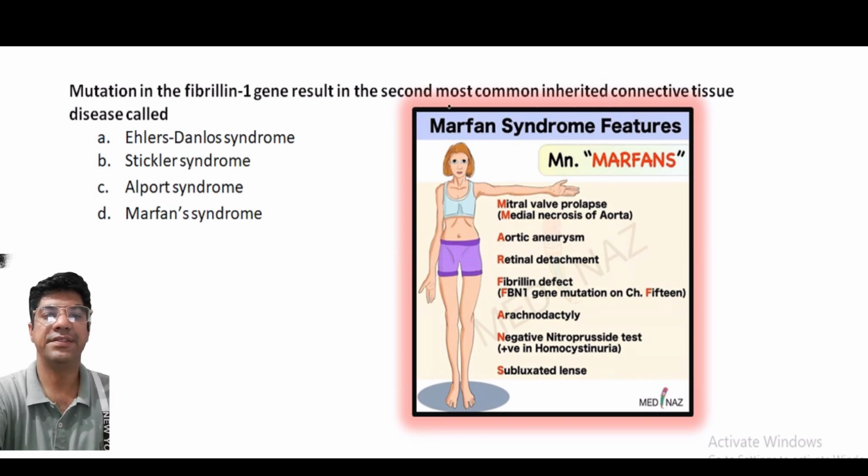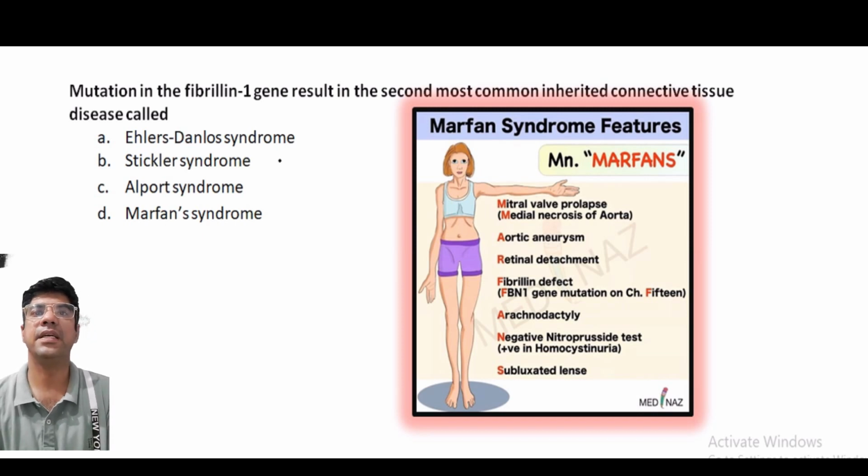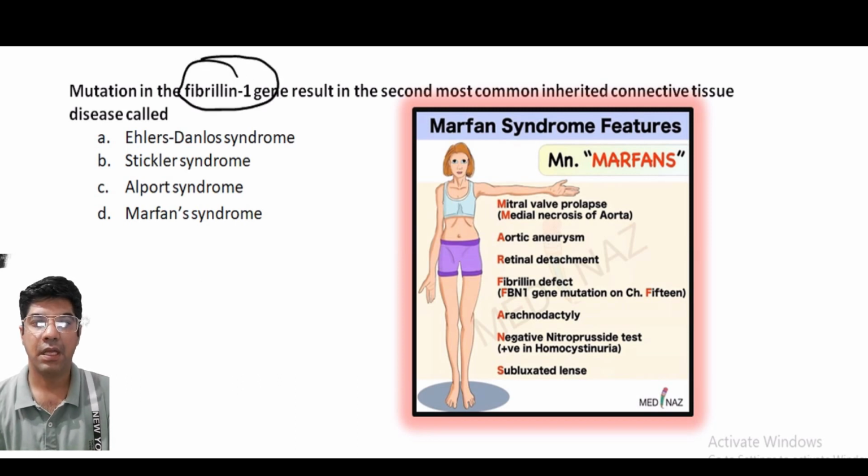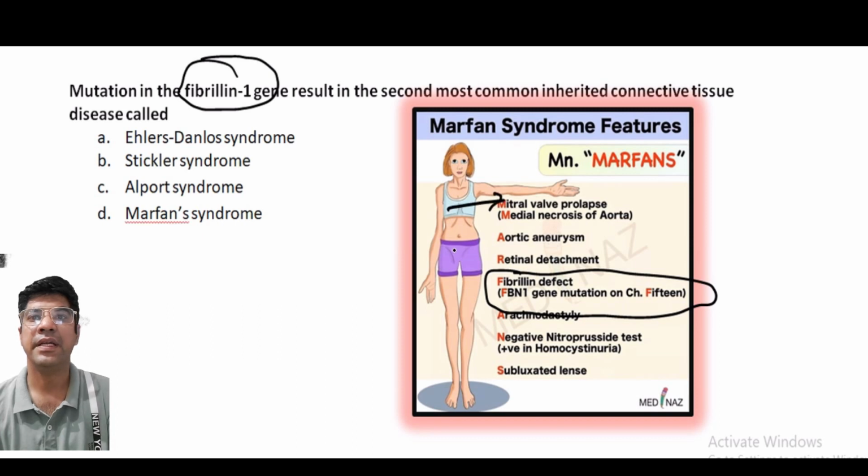The next question: mutation in the fibrillin gene, one gene, results in the second most inherited connective tissue disease, known as? The answer would be the mutation in the fibrillin 1 gene. It is associated with Marfan syndrome.